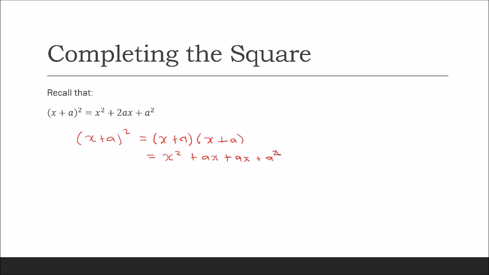So this is equal to x squared plus 2ax plus a squared.